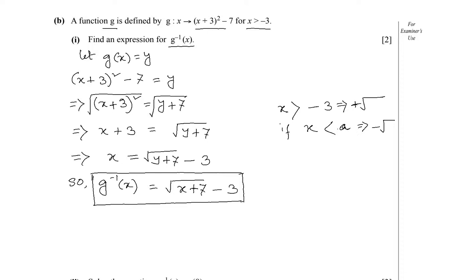Now let's move on to the next part of this question. For this part, we are supposed to solve an equation which was given as g⁻¹(x) = g(0). Let's try to find the value of g(0) first.